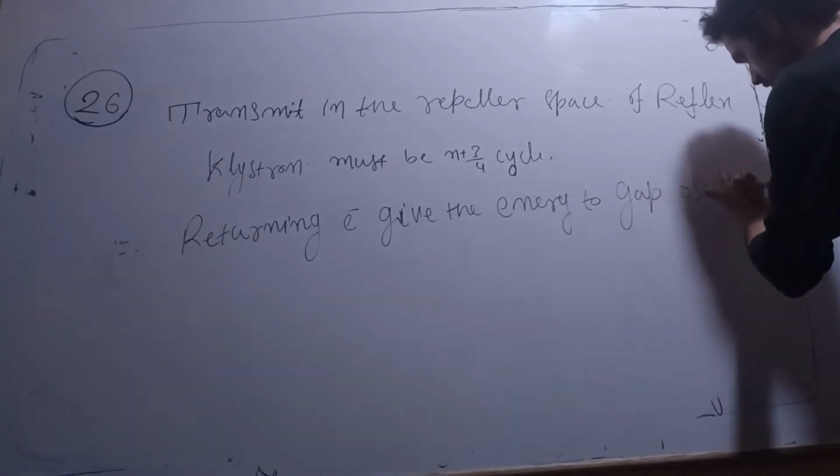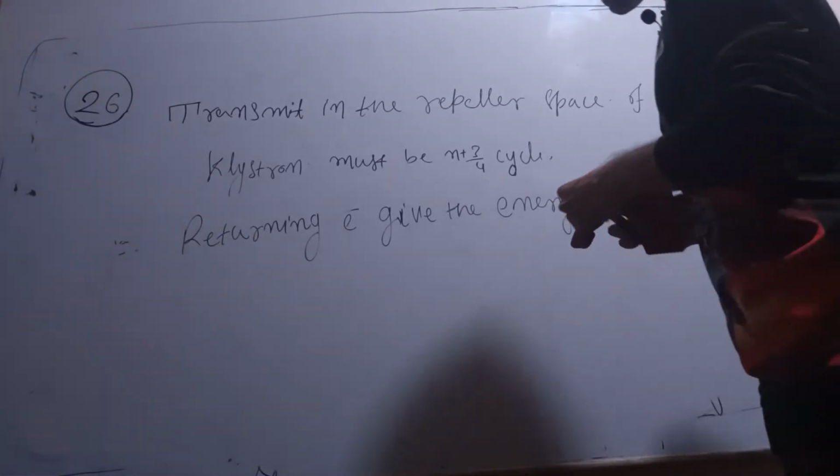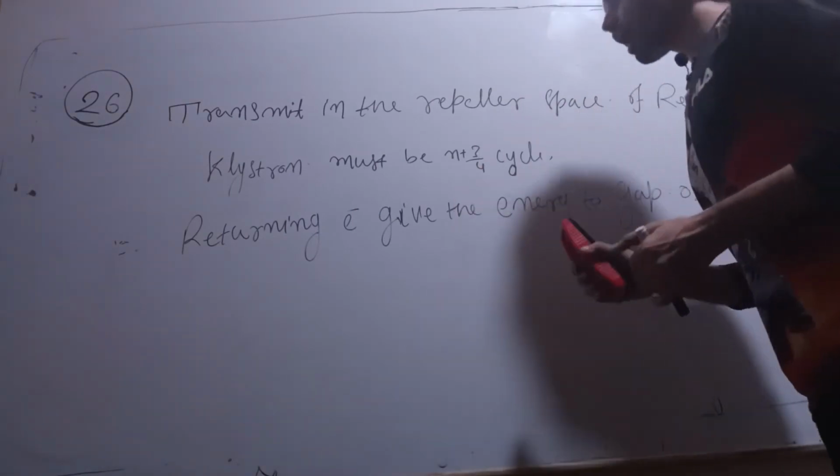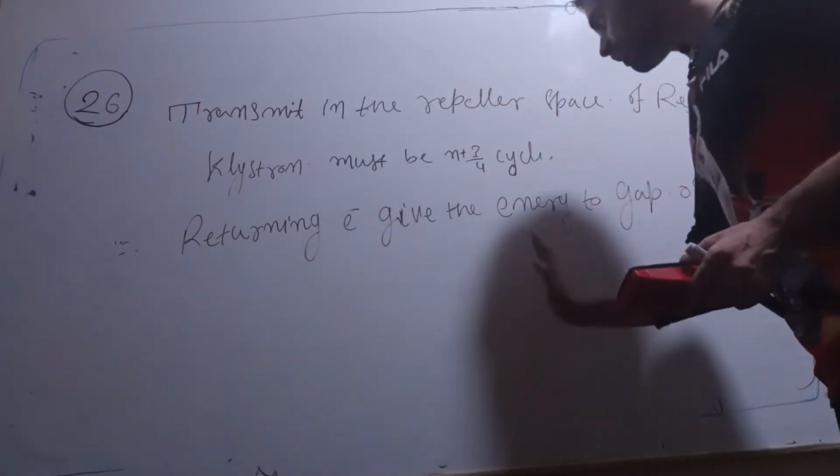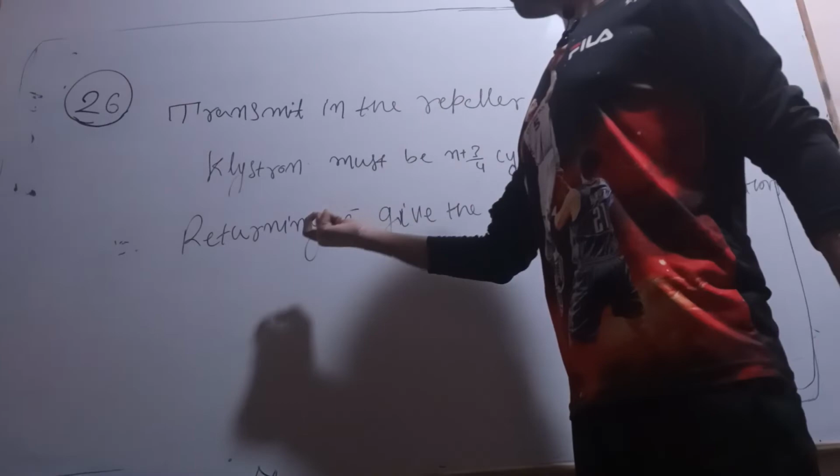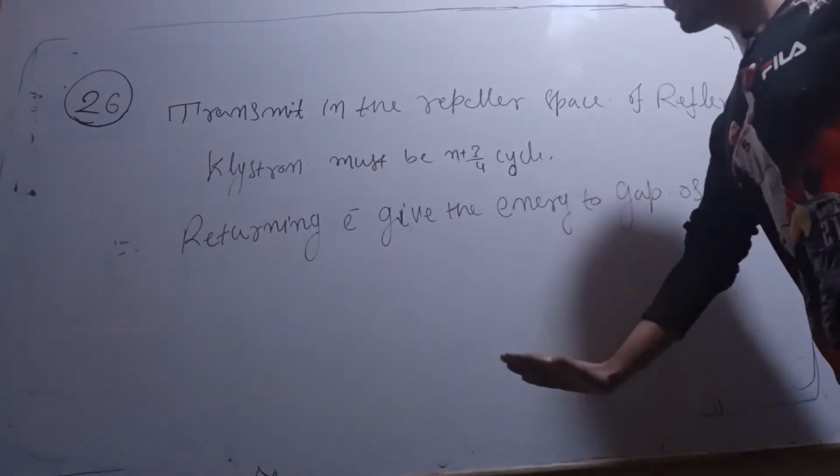Gap oscillation means it will give the energy to the RF signal. Therefore the RF signal will get energized, and in this way the power of the RF signal will increase.